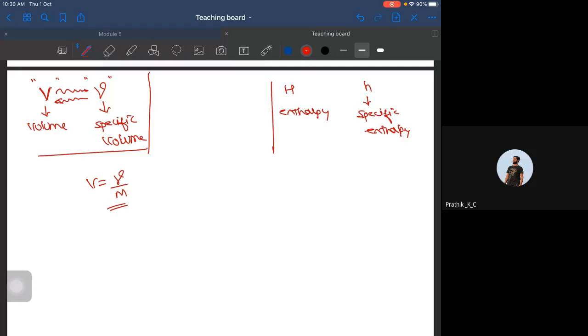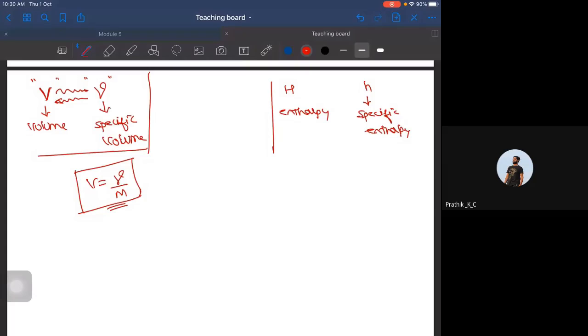Chirant, Lucky, Devdarsh, Rajat and Ritik. So is the relationship given by Pratik correct or wrong? Karthik, correct.